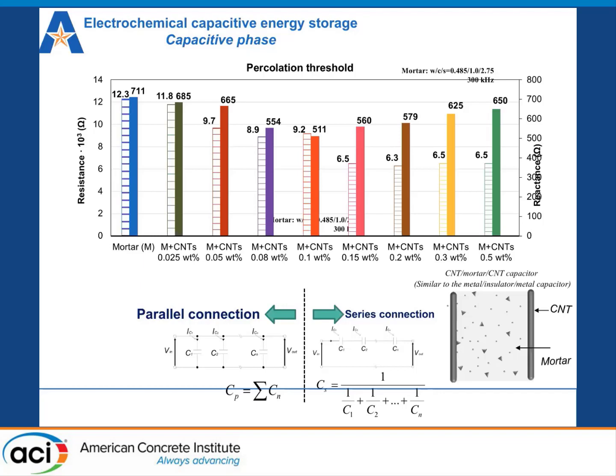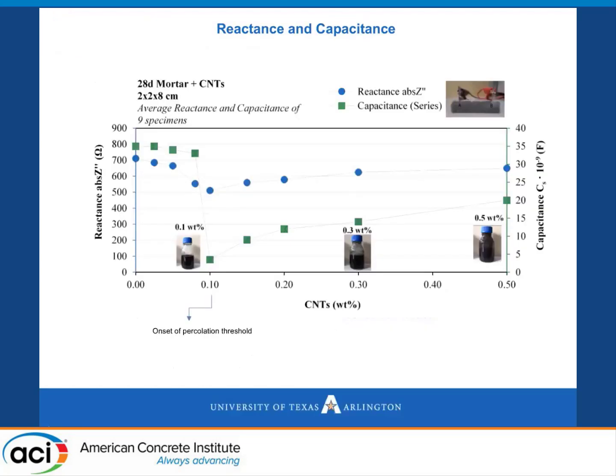For the characterization of the dispersion degree, it makes sense to use values of capacitance instead of reactance, as the capacitive phase is due to the localized nanotube cementitious material structure, similar to that of a metal-insulator-metal capacitor, and it depends on the presence of CNT agglomerates in the matrix.